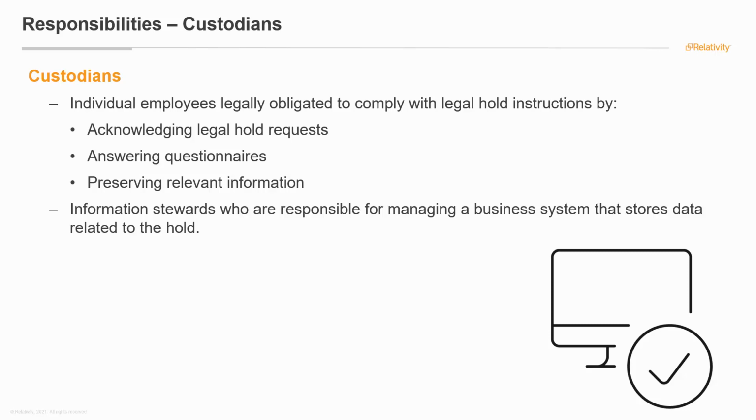So if necessary, they are required to preserve information and/or data pertaining to the hold. The hold owner and/or admin creates these custodians in the Relativity legal hold tool in order to assign them to a hold and send them hold notices and/or any relevant communications.